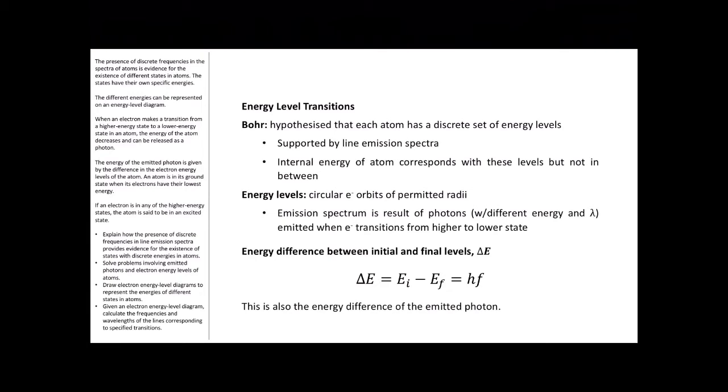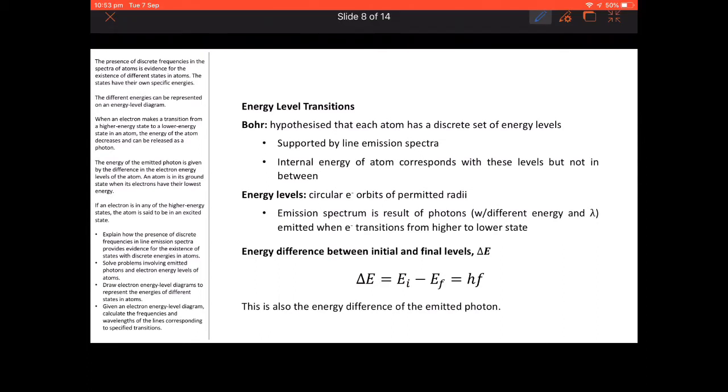So when an electron is emitting a photon, it's getting rid of some energy and it's moving down to a lower energy state. The energy difference between the initial and final levels is going to be equal to the energy of the initial level, which is going to be the higher energy level, minus the energy of the final level, which will be the level that's closer to the nucleus.